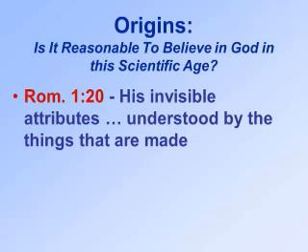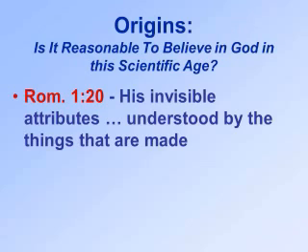I'm going to show you one passage in this book that takes the same approach I'm going to take in this series. It's Romans chapter 1 and verse 20. So I want to read that to you, not because I'm using that as the foundation of our discussion, because this discussion does not need any religious book. We're going to be looking elsewhere.